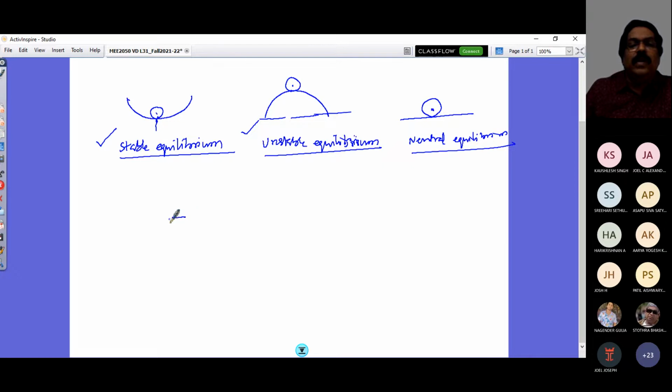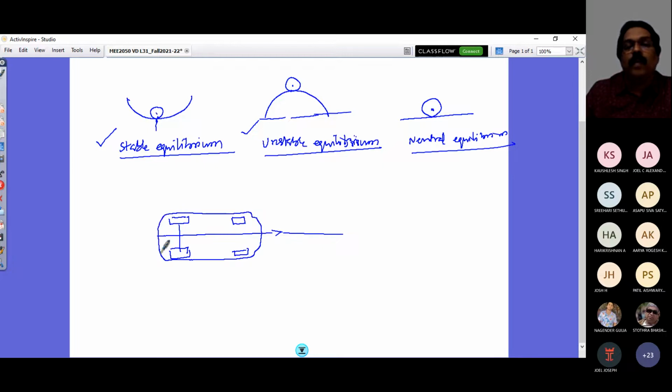Look at this, our vehicle. This is my rear axle, this is my front axle, and this is its straight path, with the CG location somewhere here.